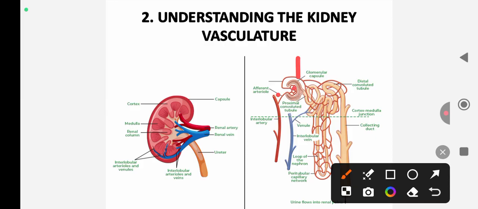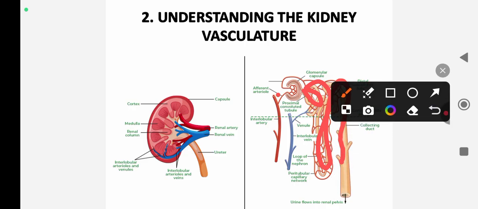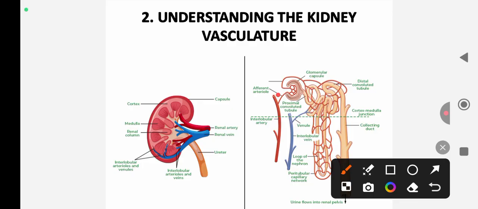Those smaller sizes are your glomerulus. Your glomerulus is like a network, a net of small blood vessels. The filtration occurs here. Once filtration is done, the urine flows and enters into the collecting duct where it is passed out.